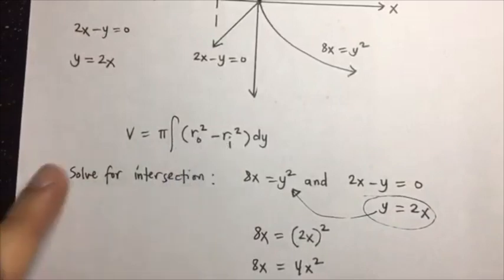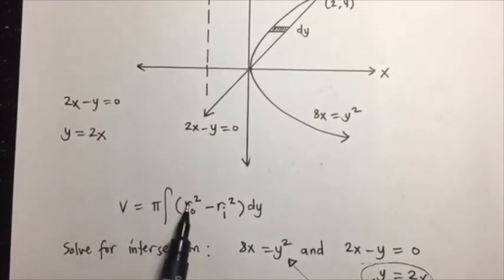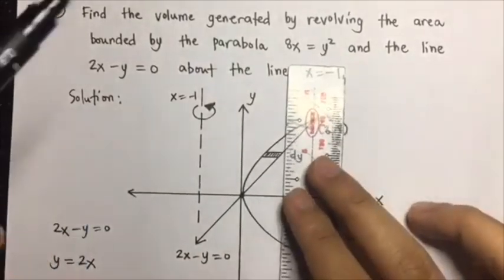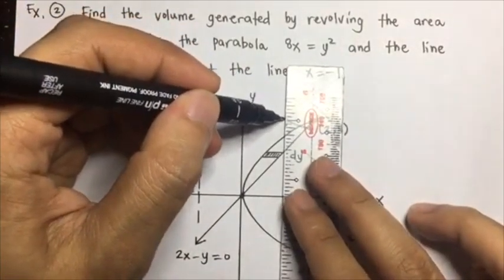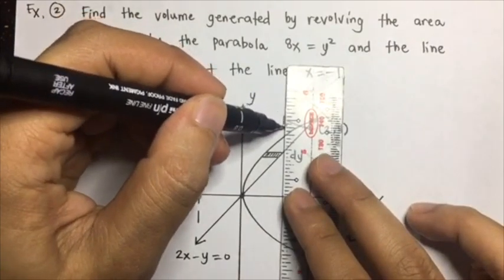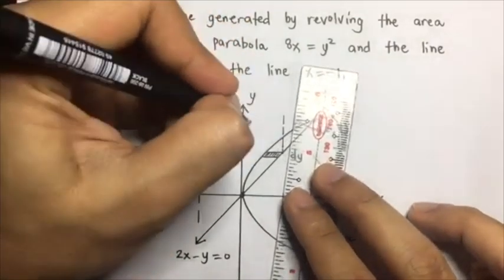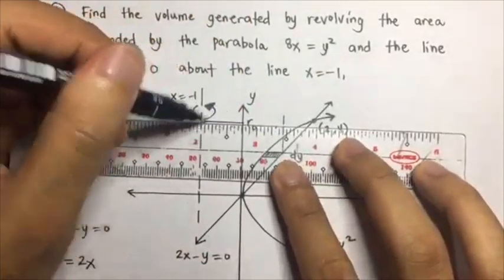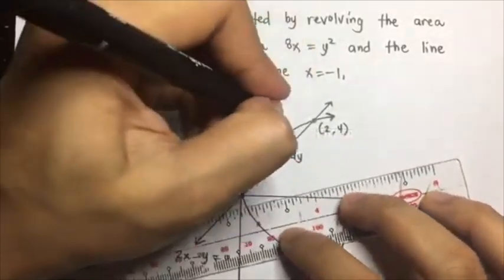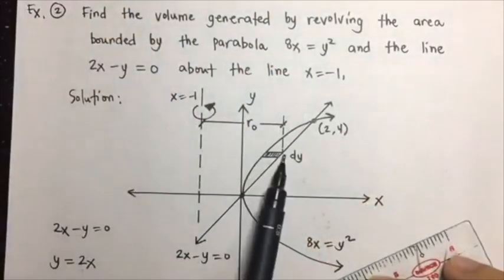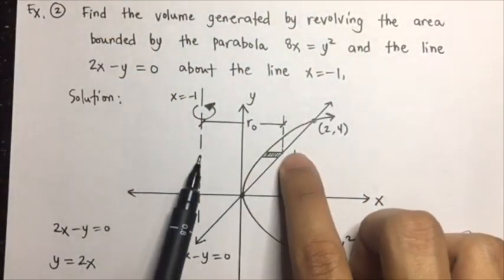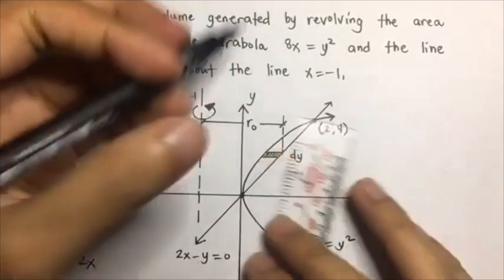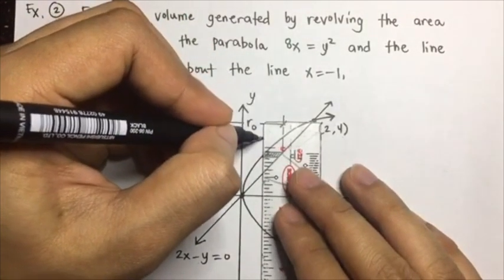Okay, so the second problem is the radii. The outside radius will be defined by this length, from x is equal to -1 until here. And then the inside radius will be this length.